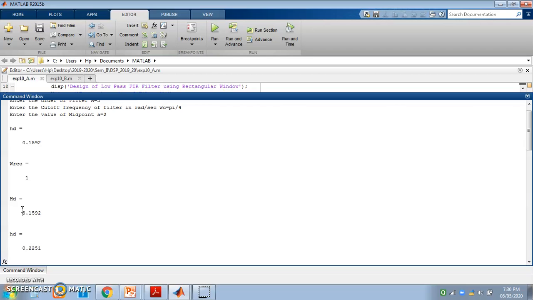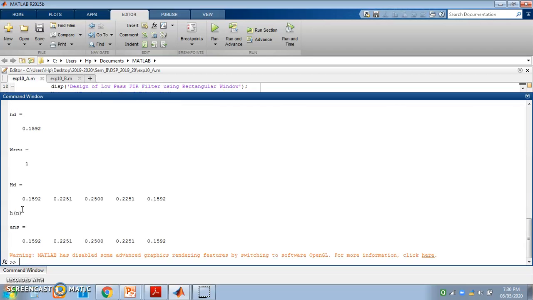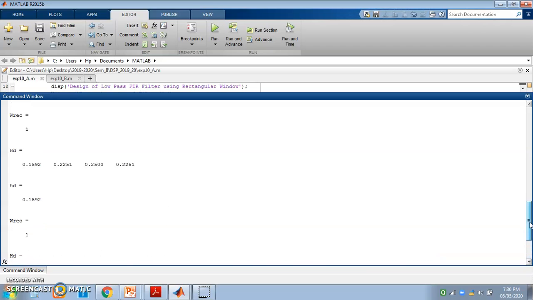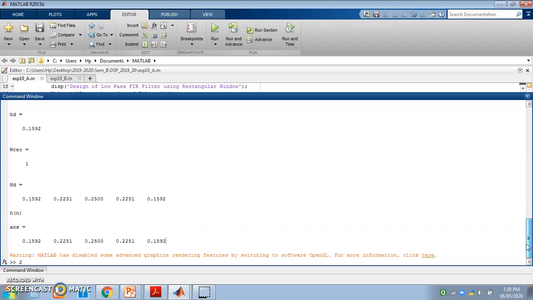In this way we can have all the calculations for different values of HD of n and W of n. So once we have the desired impulse response, we can find the answers for HD of n and the rectangular function, that is W of n.